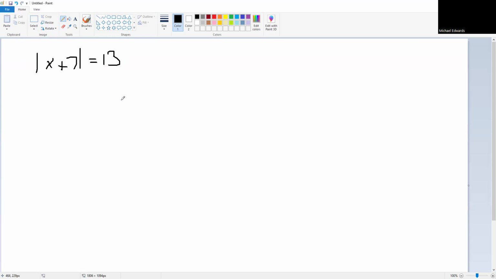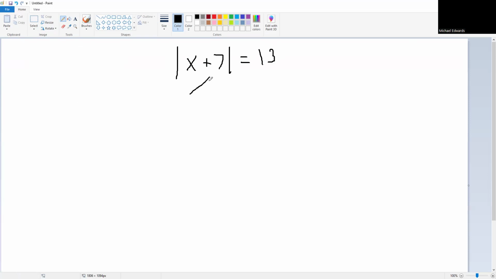Because that is an absolute value, we have to rewrite this. I'm just going to change my whole perspective. X plus 7 equals 13.